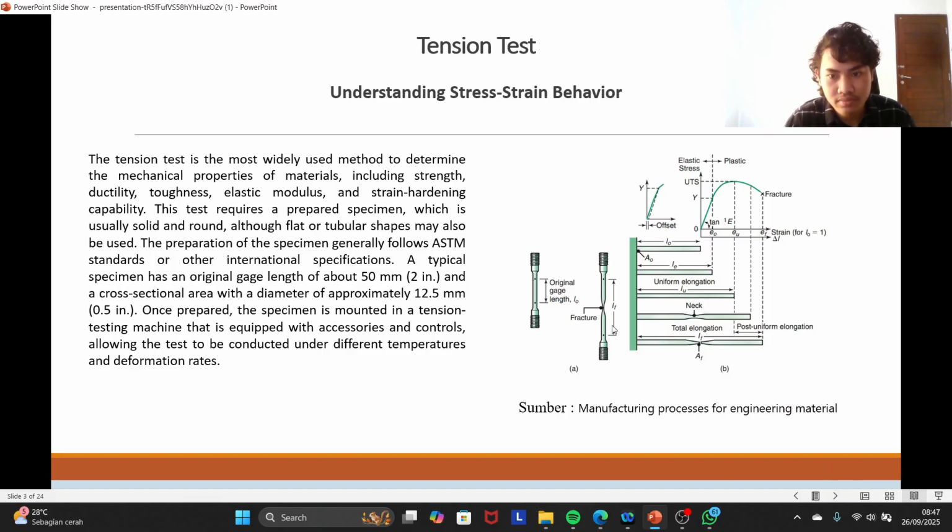In this image, the middle is the fracture, and the top is the curve of elastic stress and strain.